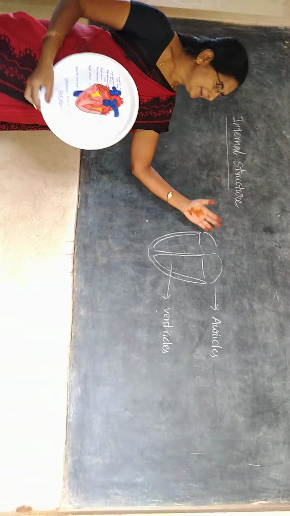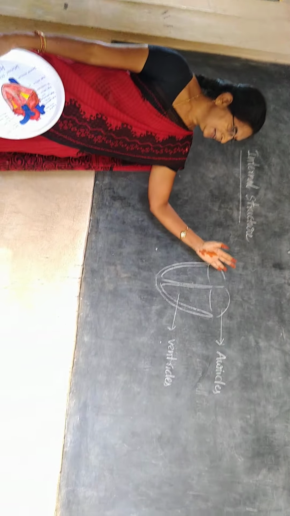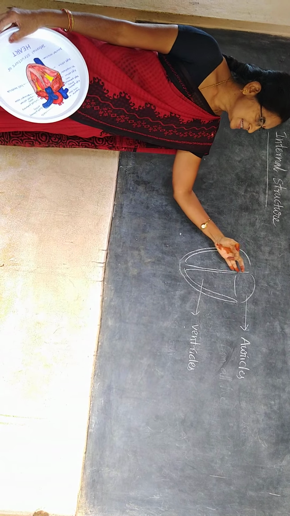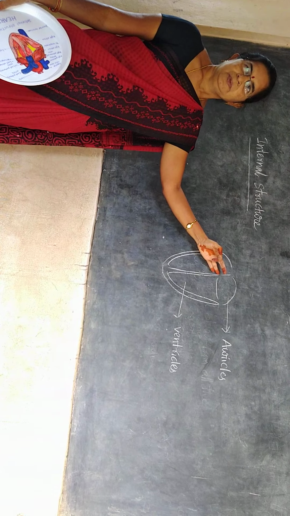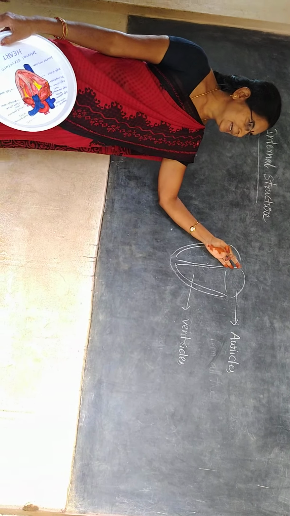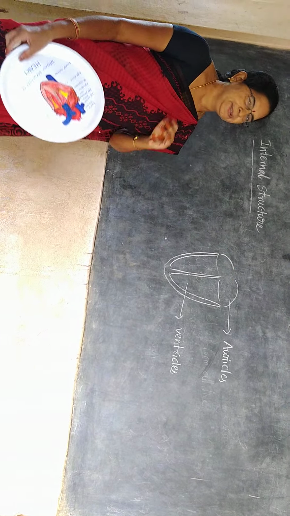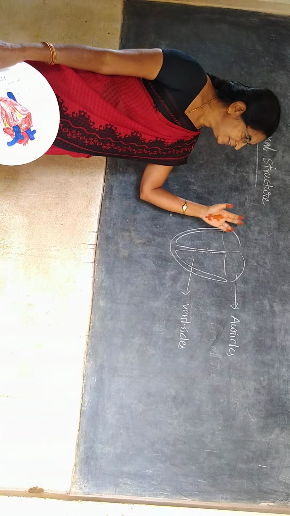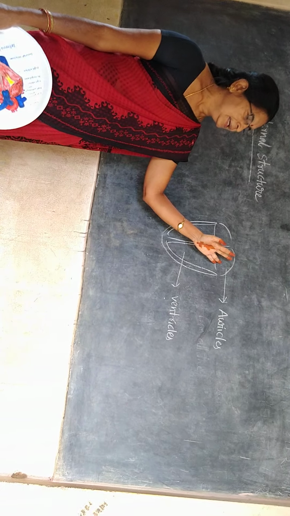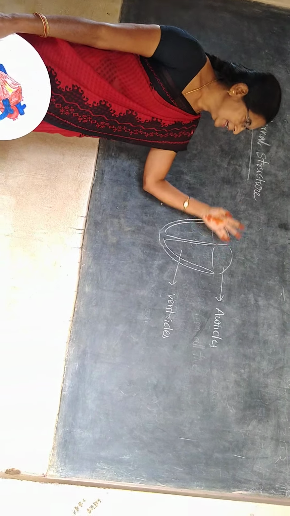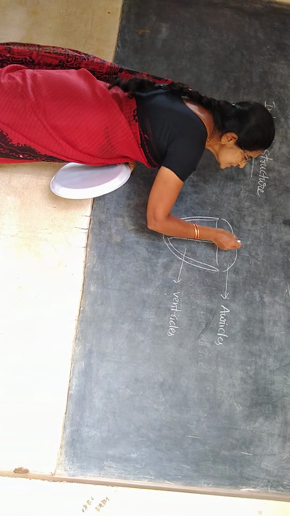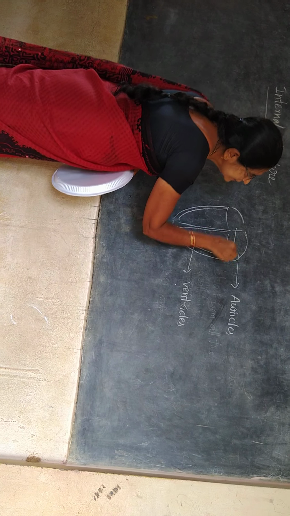Then these auricles are divided into left and right with a septum that is called the interauriculoseptum. This interauriculoseptum will divide the auricles as left auricle and right auricle. Now how are these auricles divided?